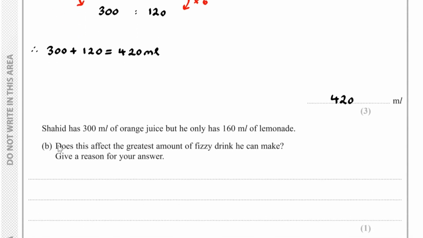Now, Shahid has 300 milliliters of orange juice, but he only has 160 milliliters of lemonade. Does this affect the greatest amount of fizzy drink he can make? Well, what we have seen is we require 120 milliliters of lemonade.